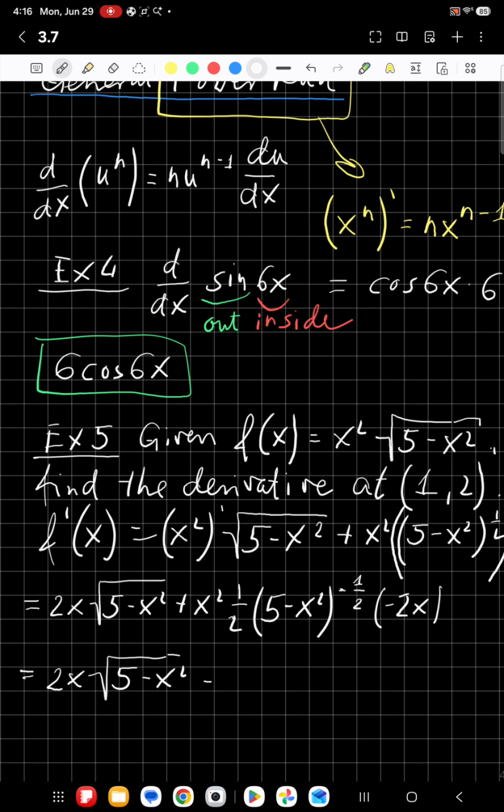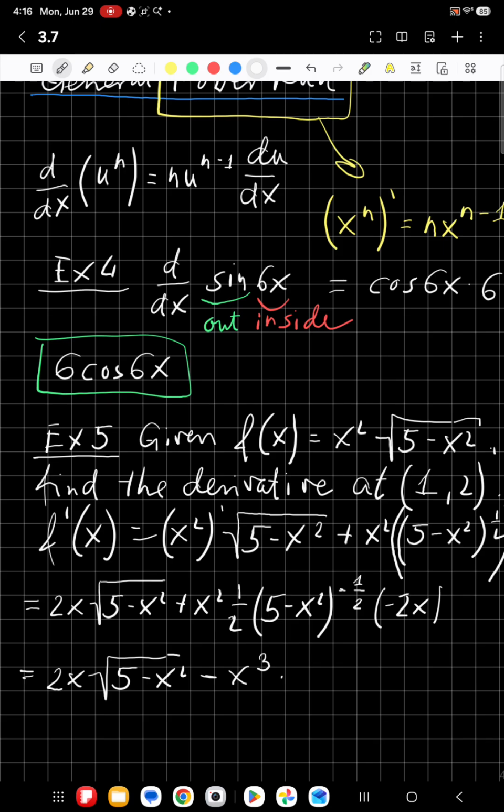Now we have plus, and here we have x to the second power times x, so that's x to the third power. Also, I have this minus here, which makes that sign negative, so negative x to the third. Then we have 2 and a half, and half of 2 is just 1.